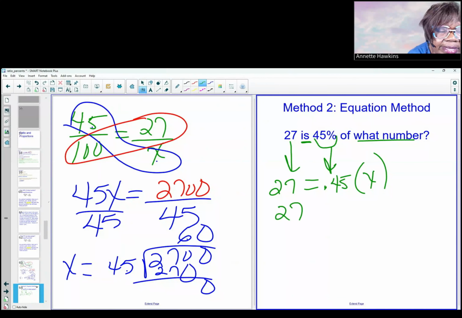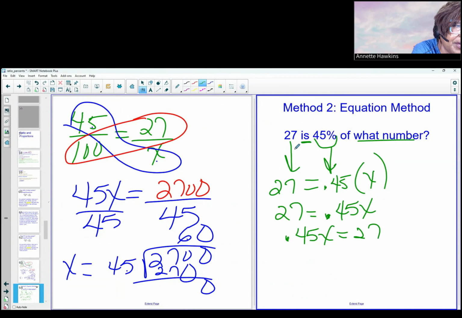So 27 equals 0.45x. To solve this equation, I'm going to change it and put it on the left. And now I'm going to divide by 0.45. X equals, let's see what that gives us.